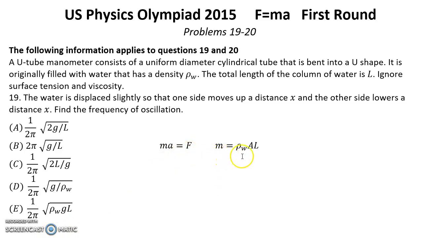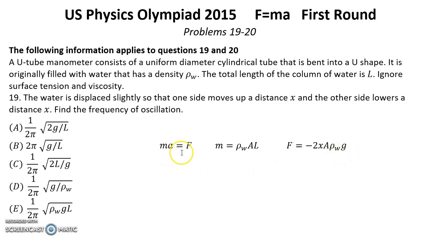Mass equal density of water multiplied by volume, which is cross-sectional area A multiplied by length L. Restoring force F equal the weight of a column which has height difference 2x, and the volume for this column is 2xA multiplied by rho, that's a mass, and multiplied by g, extra weight.